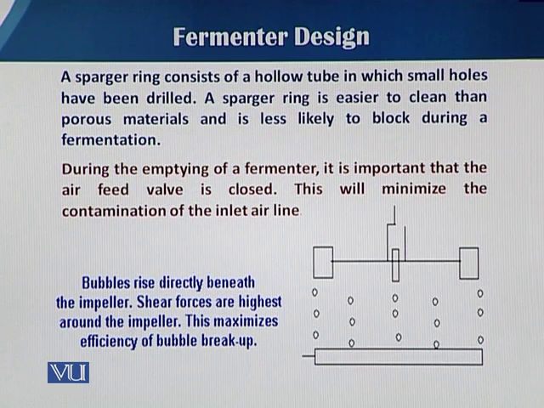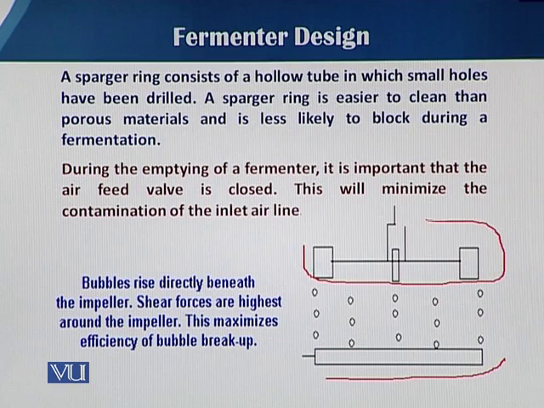In this slide you can see a sparger that has 1, 2, 3, 4 and 5 different points from where the air oozes out. Above this aeration sparger there is an impeller agitation system.